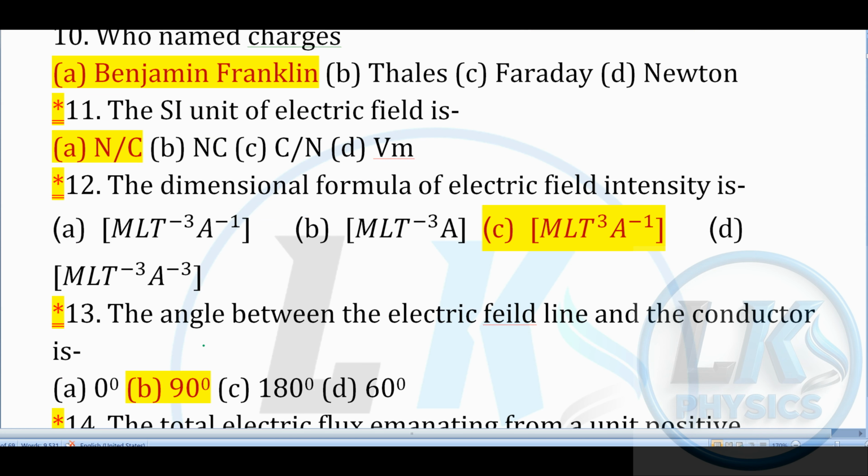Next question: the SI unit of electric field is Newton per coulomb. We know that the formula of electric field is equal to F upon Q naught. The unit of force is Newton and the unit of charge is coulomb. So the unit of electric field is Newton per coulomb.